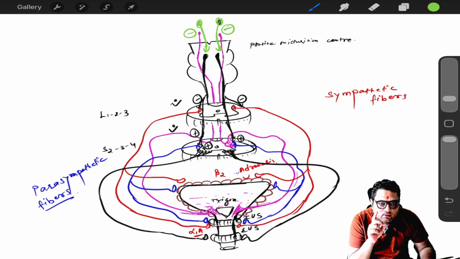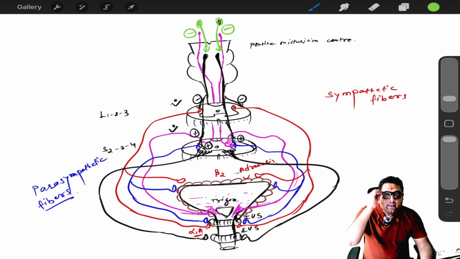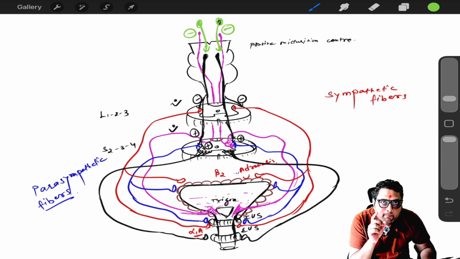The higher centers, the suprapontine centers, keep these pontine micturition centers inhibited and keep the internal urethral sphincter as well as the external urethral sphincter constricted to prevent voiding.